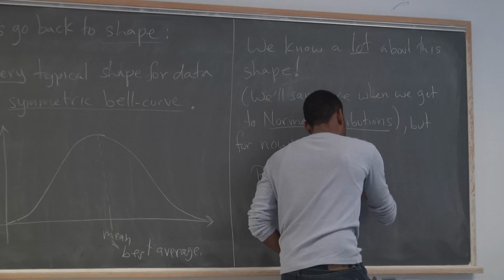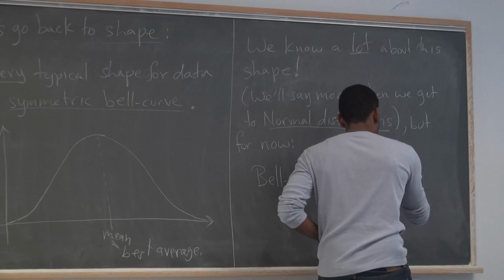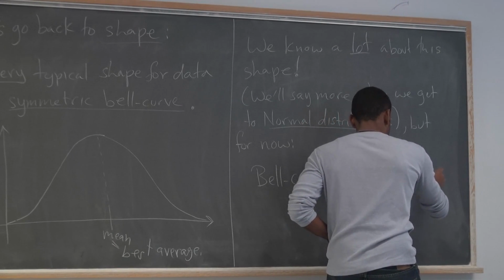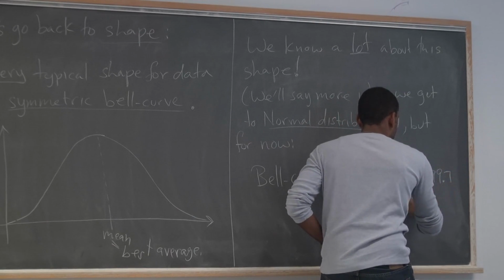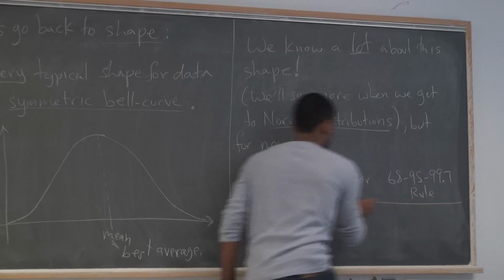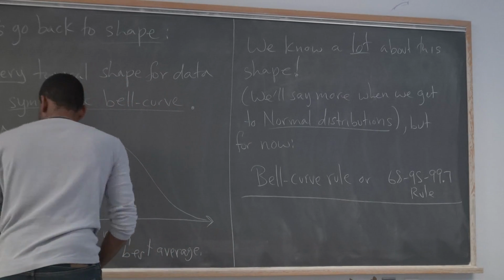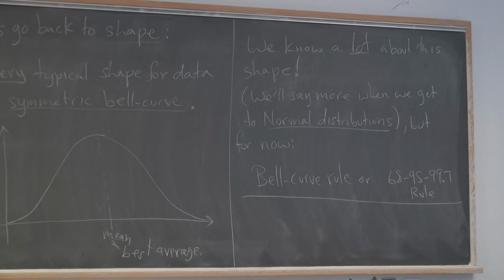Or it's sometimes called the 68, 95, 99.7 rule. This is a rule we know, and basically the rule says the following.